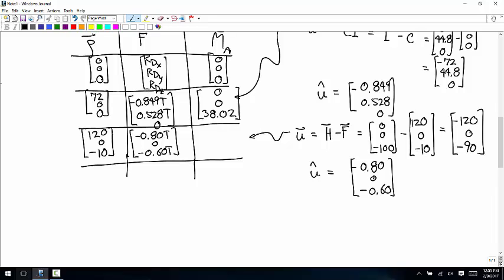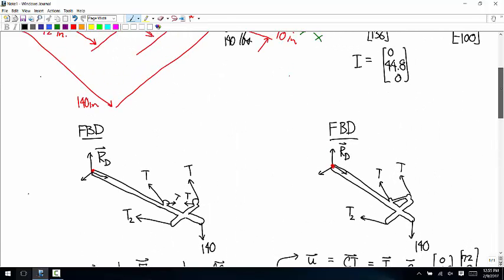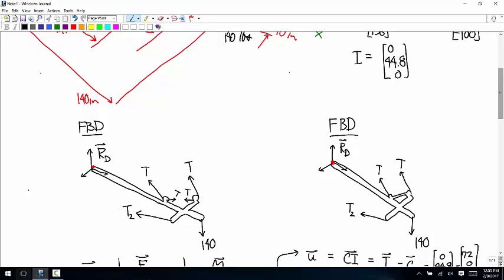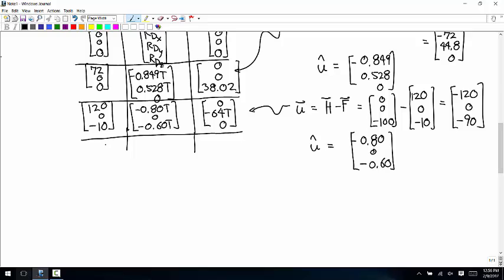and the cross product of this one, what do you get? So now we've done this force, this force, this force. Now we're at the 140. And that has the row vector of positive 140, 0, 0.